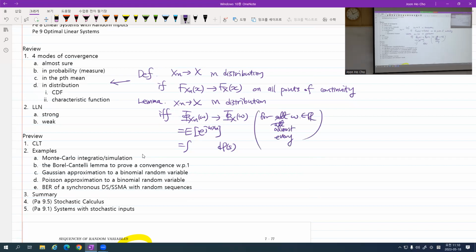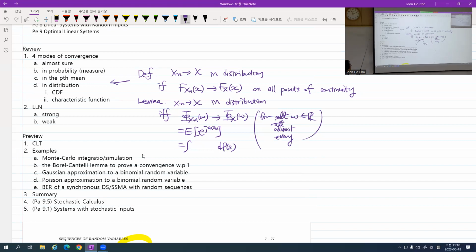Okay. Since there is this subtlety, usually they just say that the characteristic function converges to the characteristic function of the target or limit random variable. Got it? Anyway, we will see the examples today.